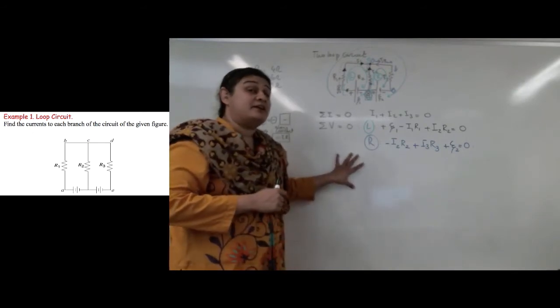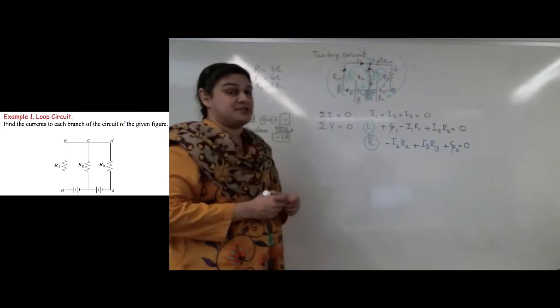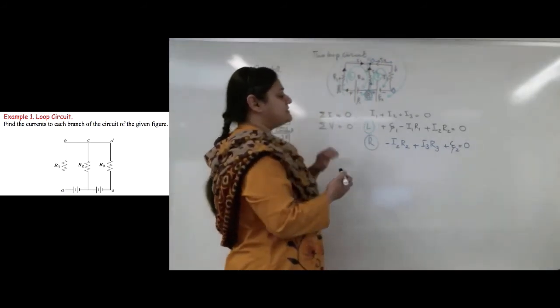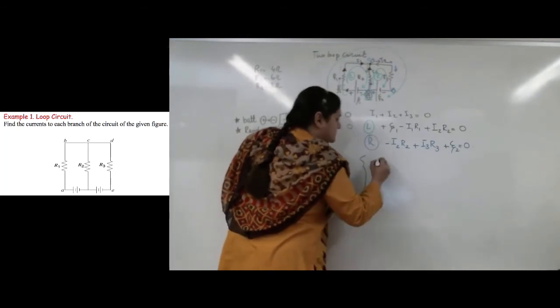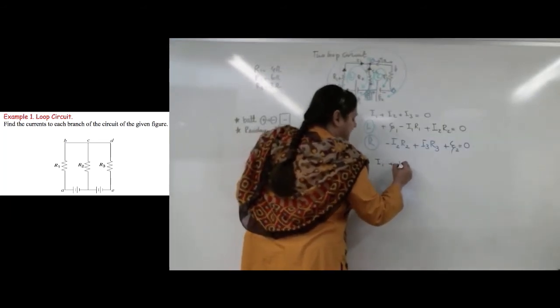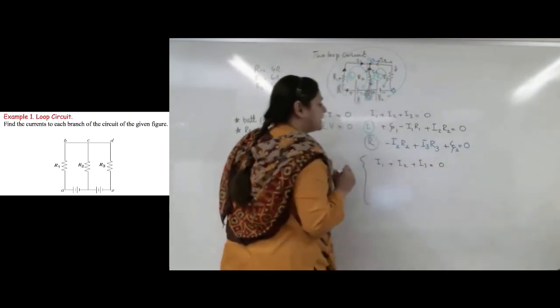So watch this very, very carefully. This is very important for you guys to recognize how to set up these equations. Once you have these equations set up, life becomes a little bit more simple. So what I want you to do now is I1 plus I2 plus I3 equals 0.